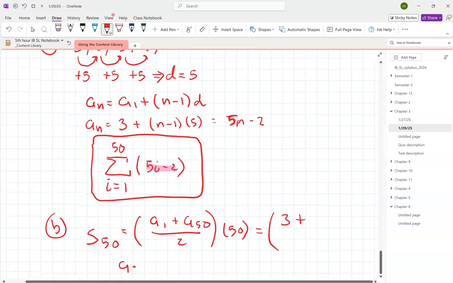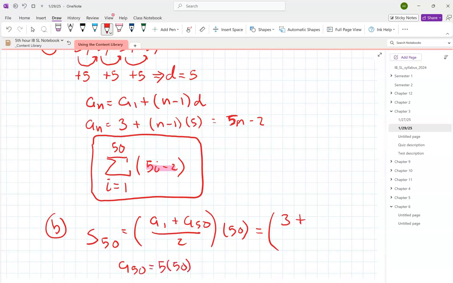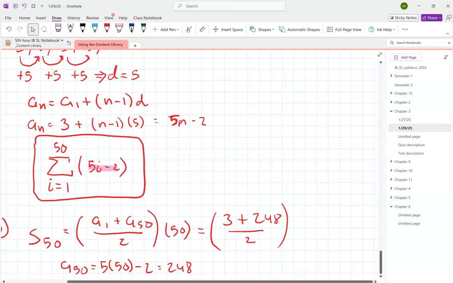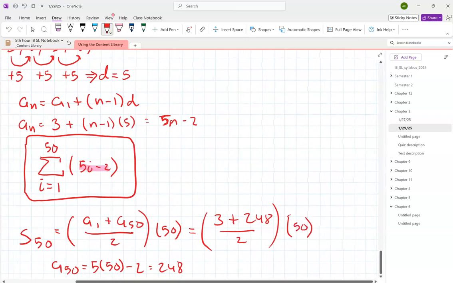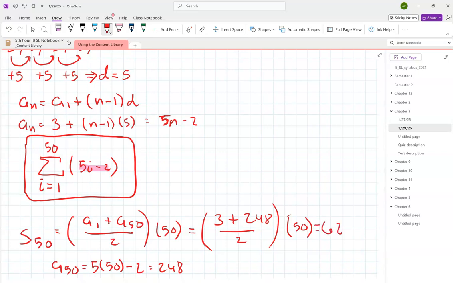To get the 50th term, all I need to do is plug 50 in for i. And when I do that arithmetic, I get 6275.